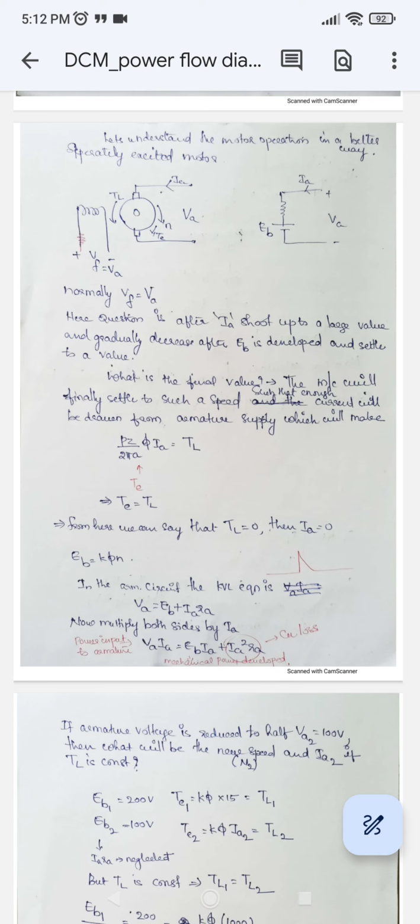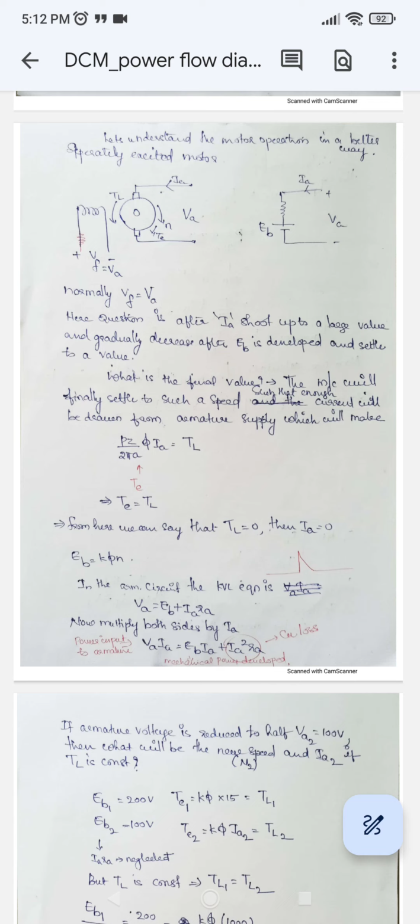The current will settle to a value in such a way that enough current will be drawn from the armature supply which will make the load torque equal to the electromagnetic torque.